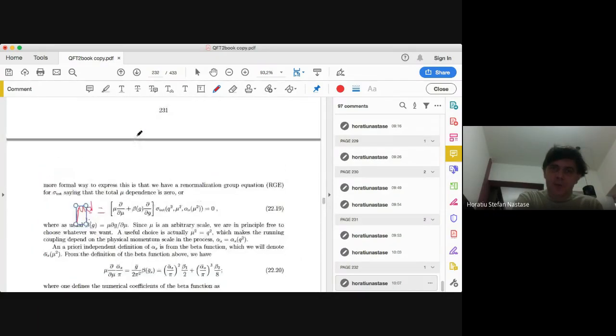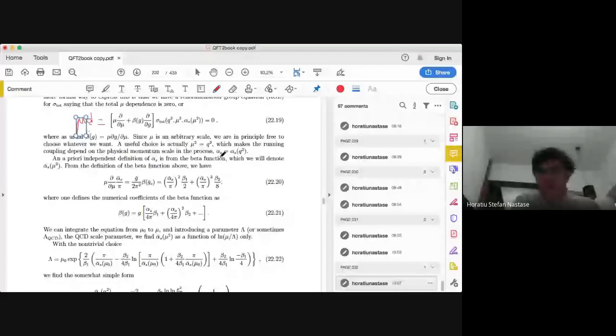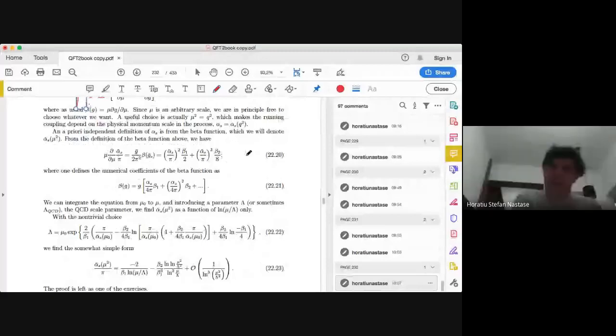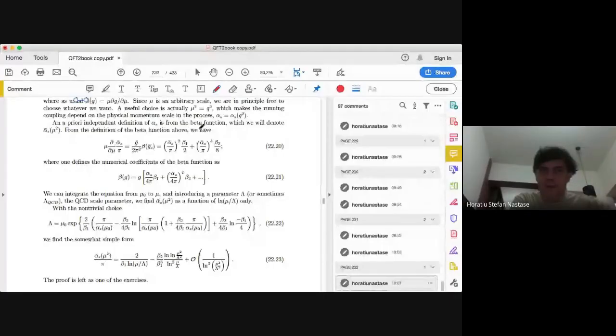So I can choose mu equal to q, and alpha strong is alpha strong of q squared. Okay? So that's what one does experimentally. But an a priori independent definition of alpha strong is directly from the beta function.